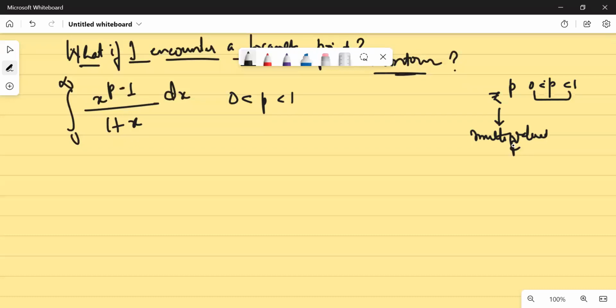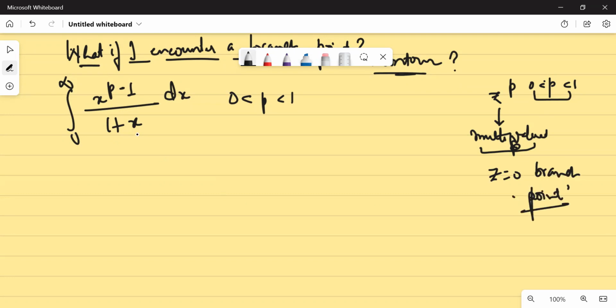Depending upon P, if P is a rational number, like P by Q, this will be a Q-valued function. And if P is an irrational number, then it will be an infinitely many-valued function. All these things I've told you, and z equal to 0 is a branch point here.